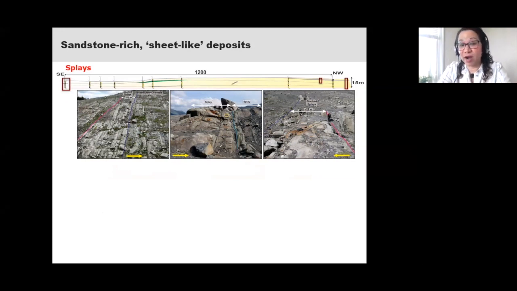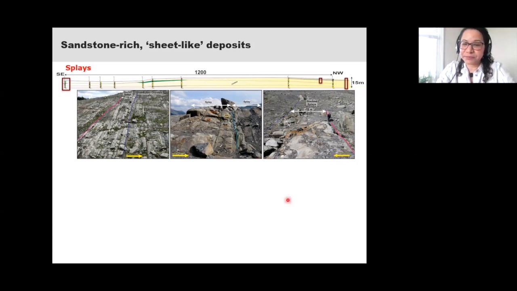They are laterally continuous, on a kilometer scale. We can see that in some places they are highly amalgamated. This is 100% amalgamation. But when you walk laterally, at the large scale, there is a gradual fining and thinning laterally.